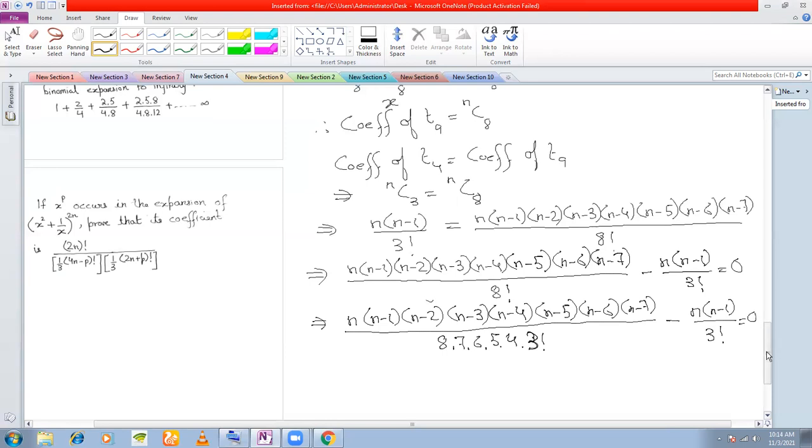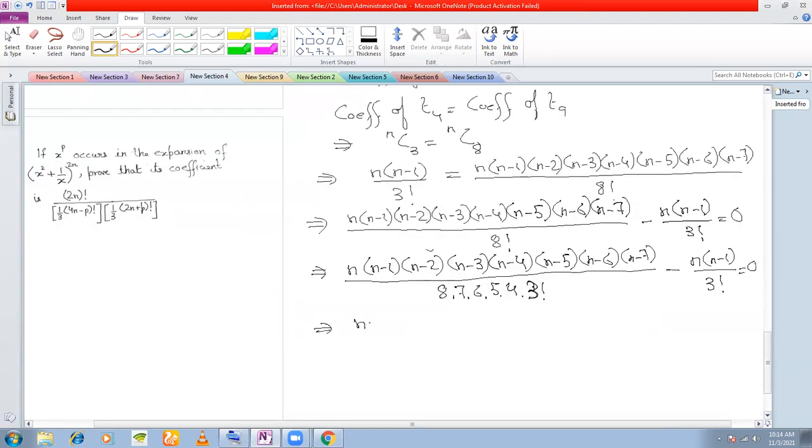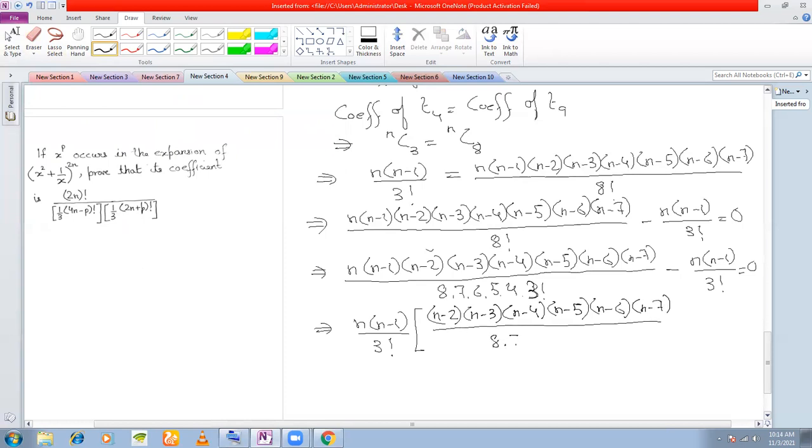Now what can you take common from the two? If you see, you can take n into n minus 1 by factorial 3 common. So what are you left with? You are left with 1, or n into n minus 1 into n minus 2 only. You are left with n minus 2, n minus 3, n minus 4, n minus 5, n minus 6, n minus 7 divided by 8 into 7 into 6 into 5 into 4.